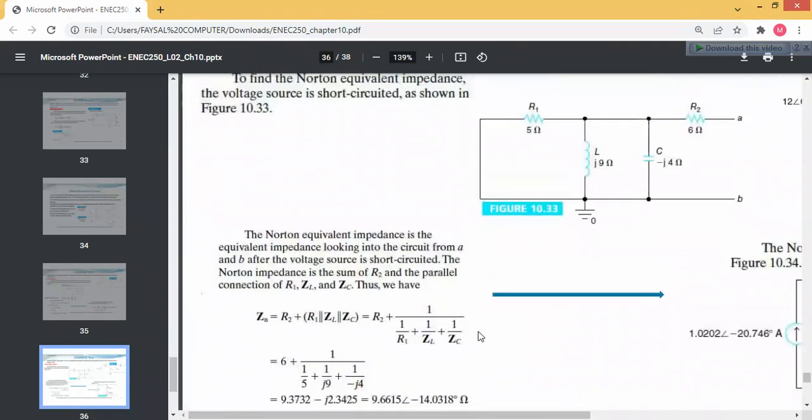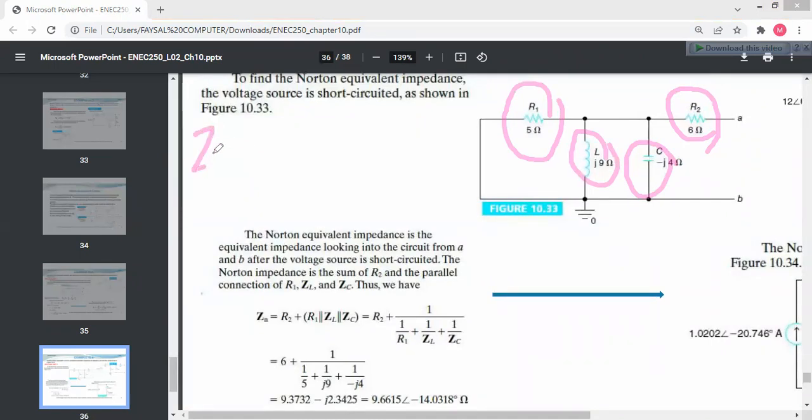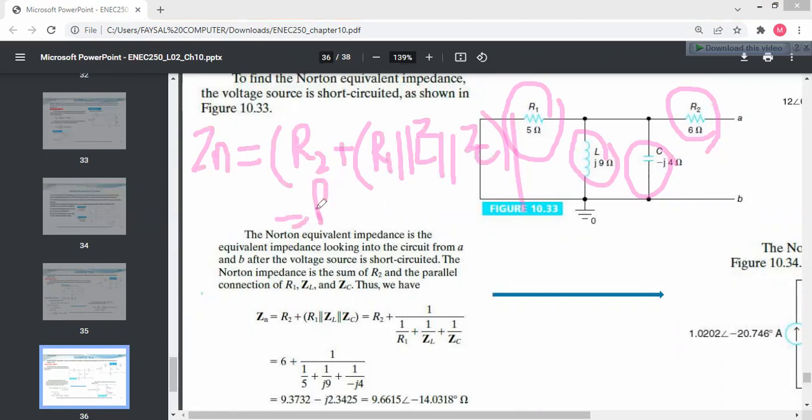The impedance will be equal to R2, this is the point R2, which is in series with the parallel combination of R1, ZL and ZC. So Z Norton will be R2 plus 1 divided by (1 upon R1 plus 1 upon ZL plus 1 upon ZC).